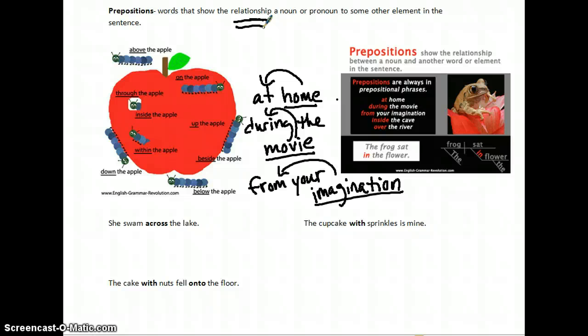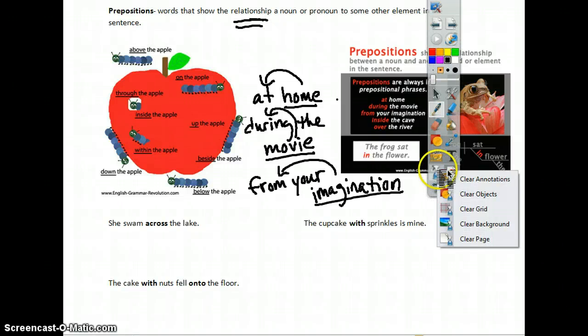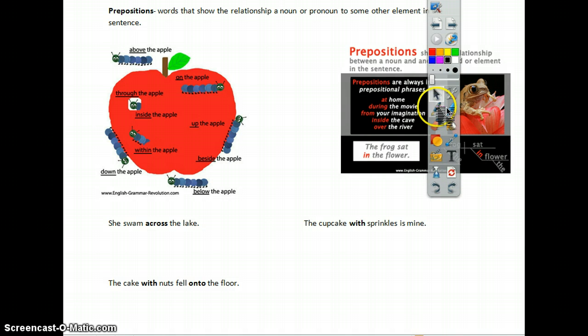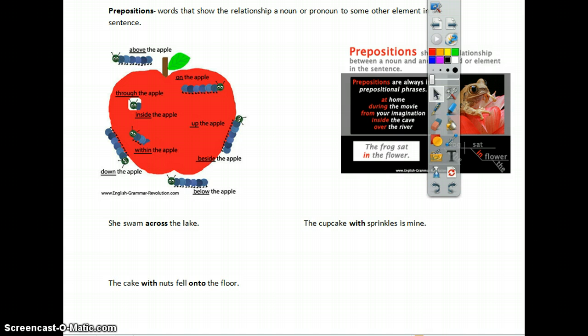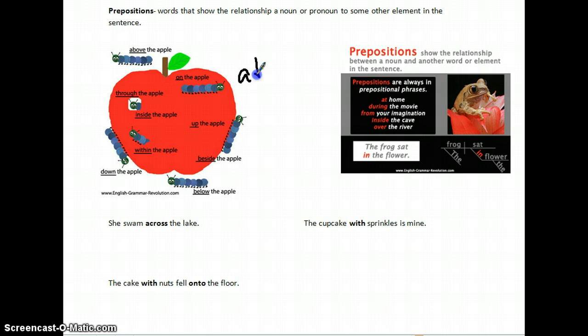If you remember what we said in previous videos about modifiers, we said there are two kinds of modifiers in the English language, right? There are modifiers that are adjectives, and remember, they will modify nouns or pronouns. And then there's modifiers that are adverbs, and they can modify verbs, adjectives, or other adverbs.